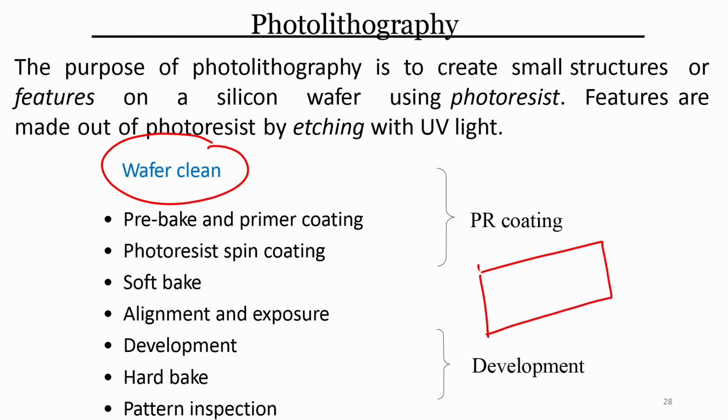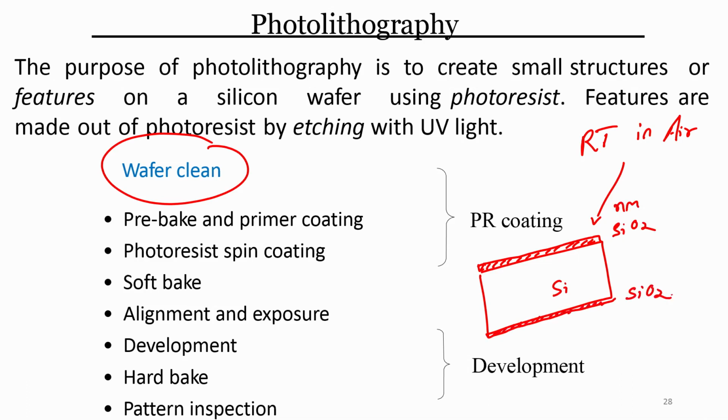We have a wafer, and even if we do not do anything in air at room temperature, there will be a thin layer of oxide, a few nanometers of oxide grown on the silicon wafer.